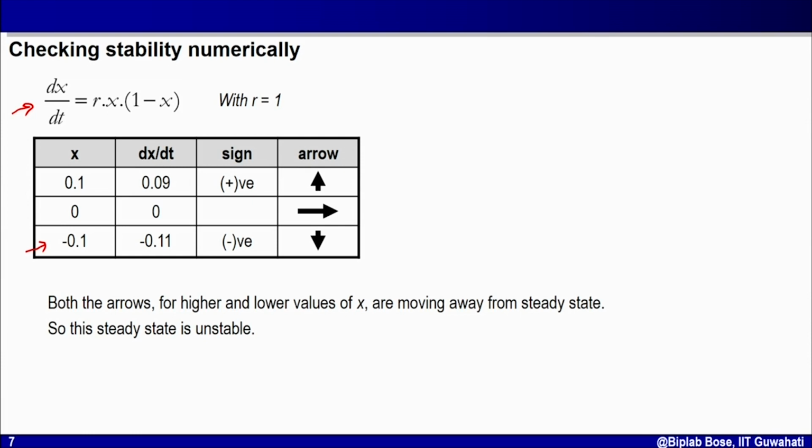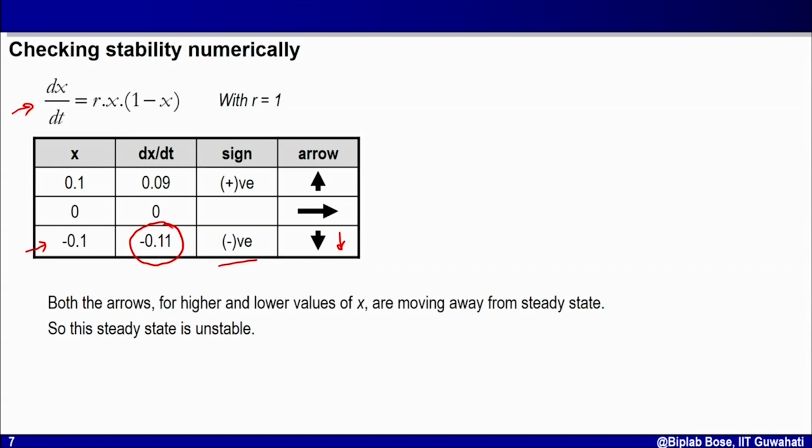If you do the calculation, you will see dx/dt is minus 0.11. So if x equal to minus 0.1, using the ODE given above, I get the derivative equal to minus 0.11. The sign of the derivative is negative. And as the sign is negative, it is saying x is decreasing with time. That's why I put an arrow down.